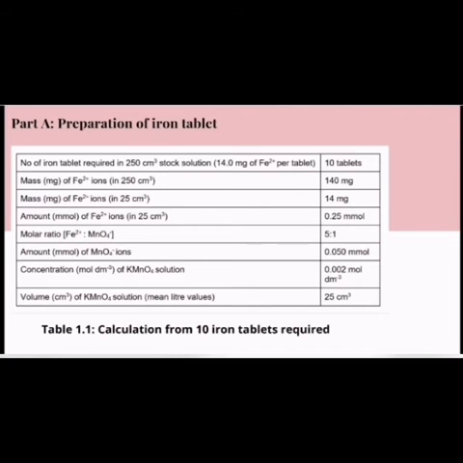From the information given, we can find the amount of Fe2+ ion in the 25 cm³ stock solution, and we can find the molar ratio between Fe2+ ion and manganate ion. From the molar ratio, we can find the amount of manganate ion in the stock solution.